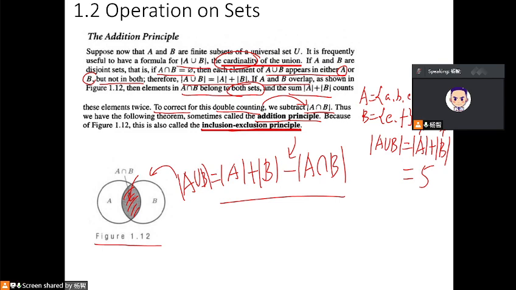If they do not overlap, what's the result of this part? Yes, the cardinality of this part is 0. If they overlap, we just subtract this part because it is counted twice. Everybody understand what I said?